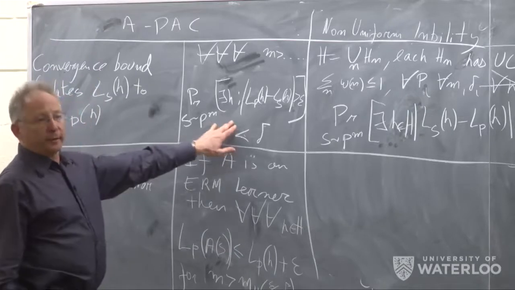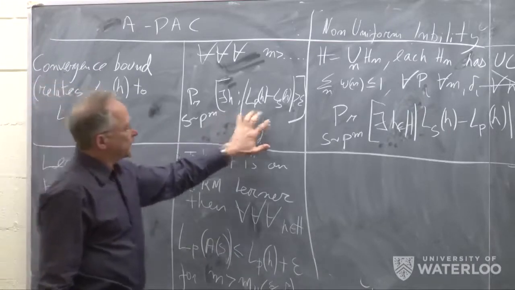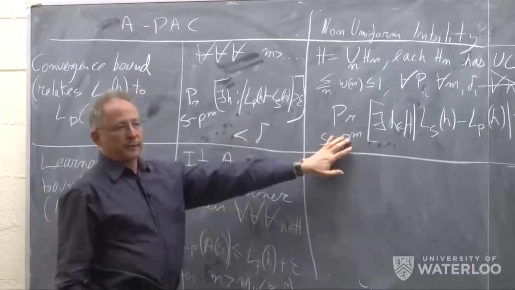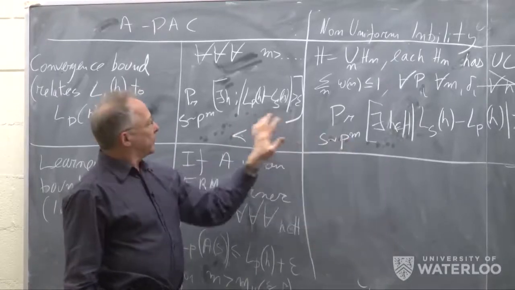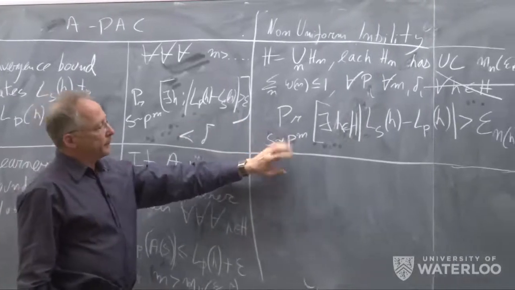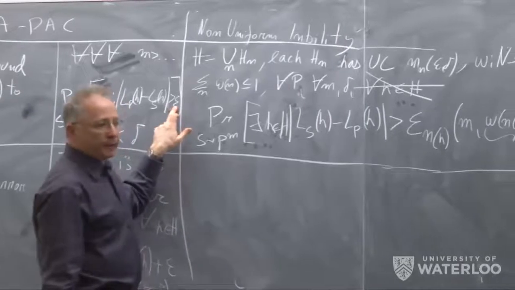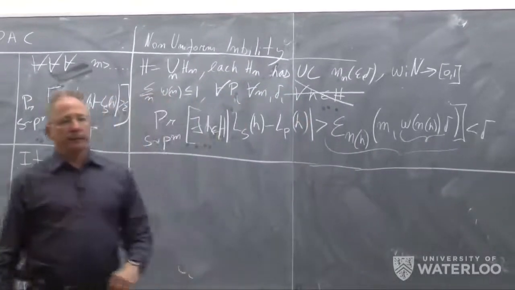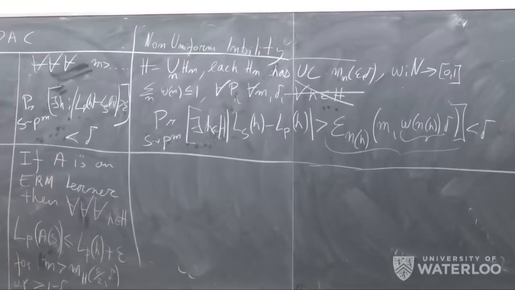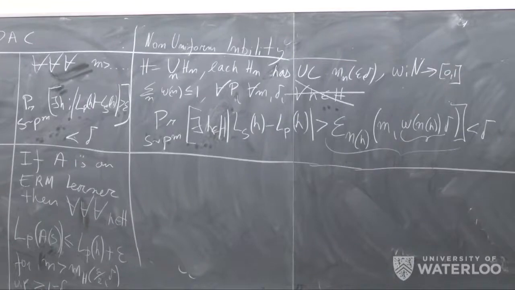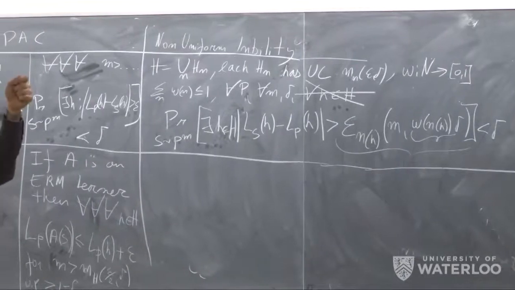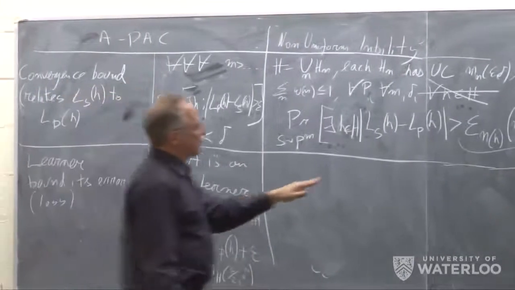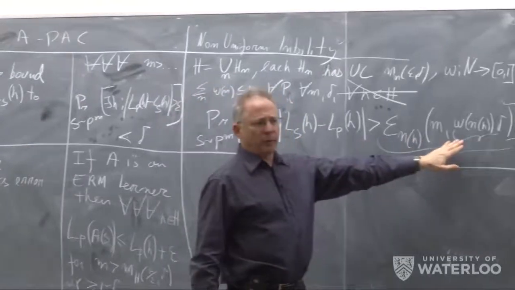This is just rewriting the same result. So now we see how similar these two results are. The only difference is that instead of a fixed epsilon, I have this complicated epsilon that depends on where the h came from. If h came from a class with a large n, then this epsilon is going to be a big number or a small number. What do you think?